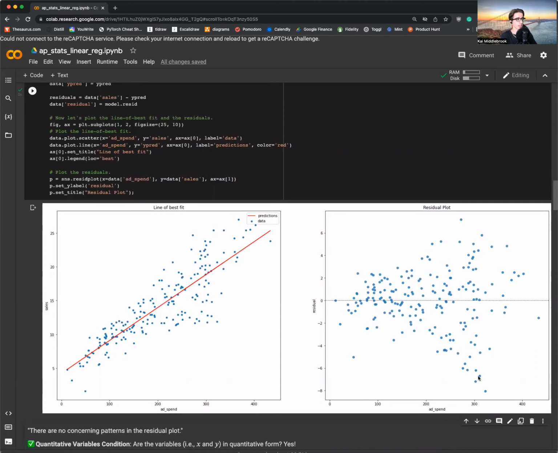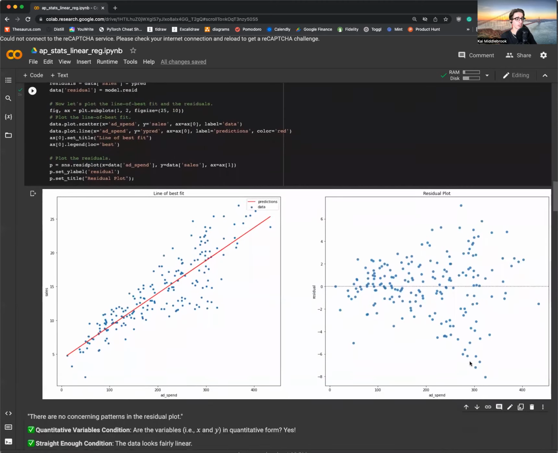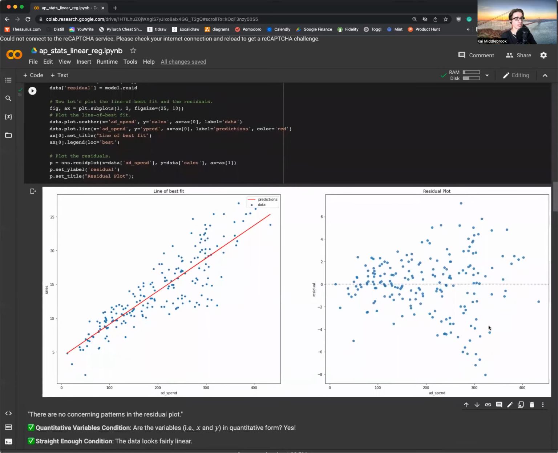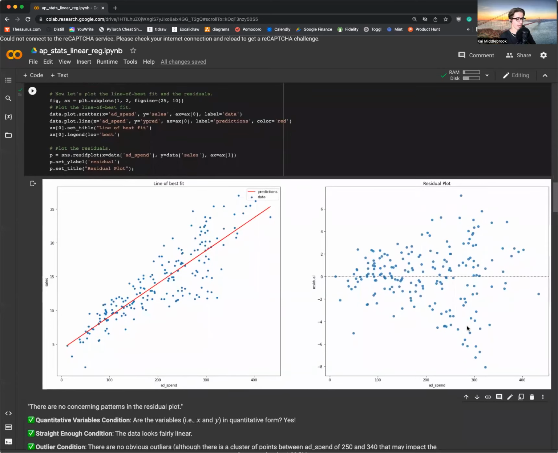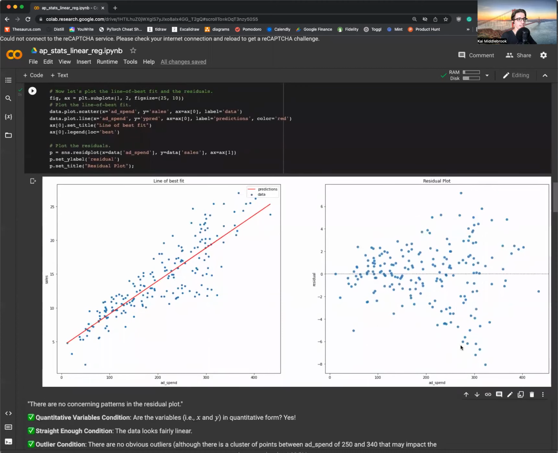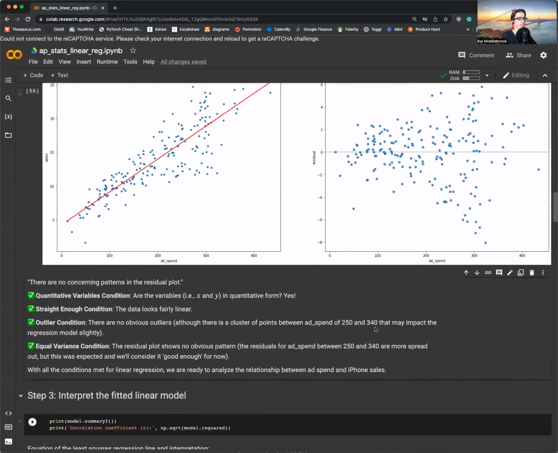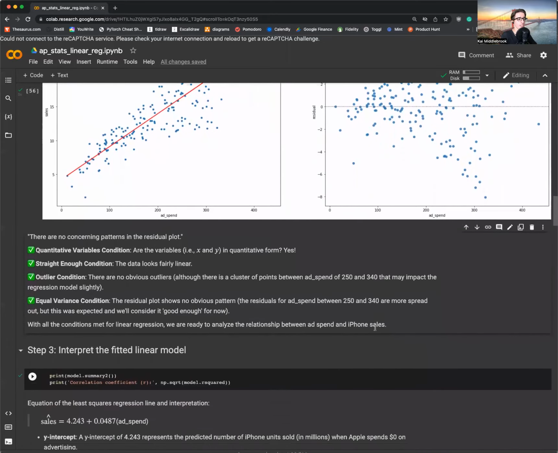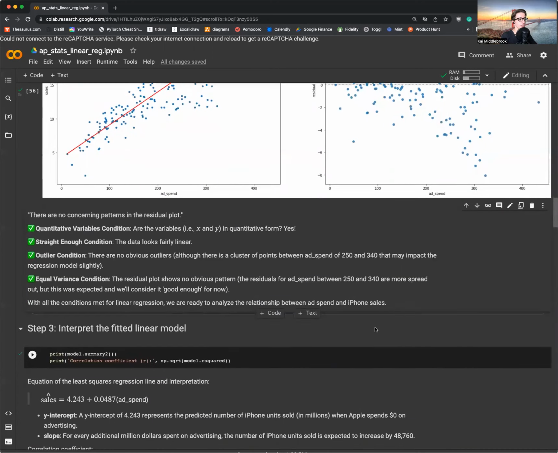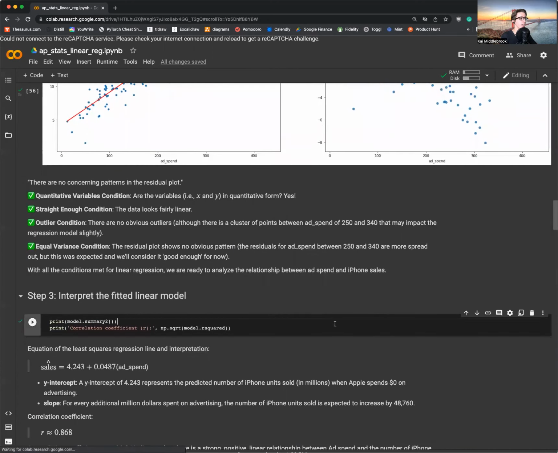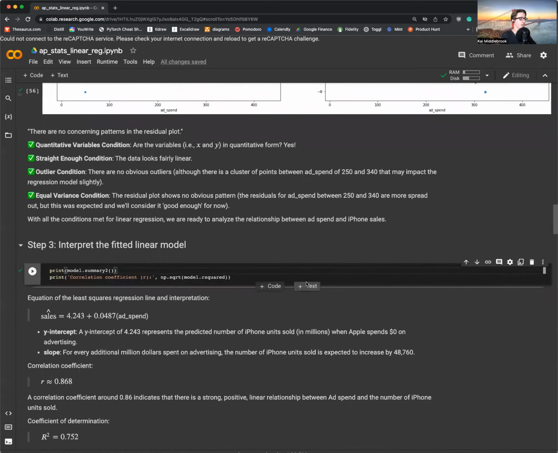This is a little concerning, like we said, but we kind of expected that already, and it seems to level out. I guess one argument you could maybe make against this is that as X increases in value, as ad spend increases, the variance increases. But for now, let's say that this is pretty good. I feel confident about it. So yeah, we've met all of our conditions, and we're ready to analyze the relationship between ad spend and iPhone sales using our linear regression model. So cool, let's interpret the model now.